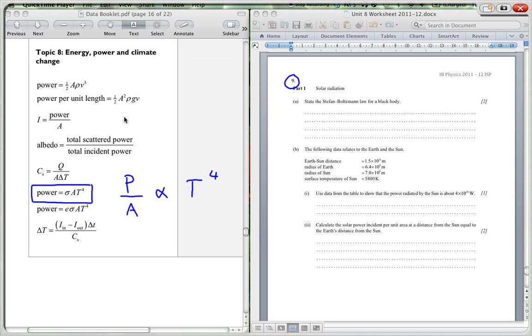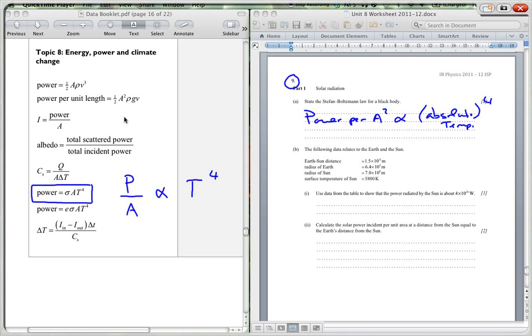So the power radiated per unit area, so power per unit area, so per meter squared, is proportional to the fourth power of the absolute temperature, or your temperature in Kelvin.